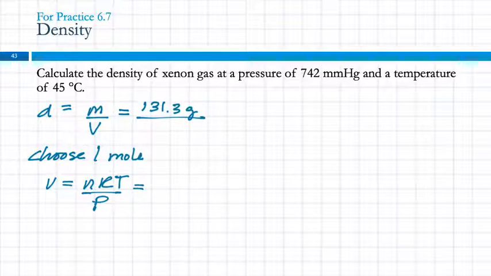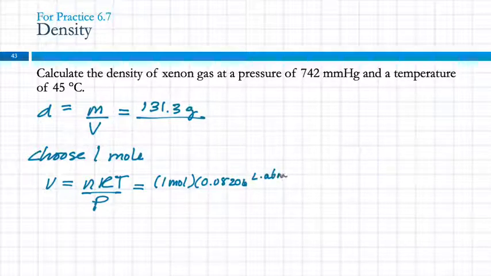I decided that it's 1 mole. I have to pick an amount to find the mass and the volume of. So I picked 1 mole because it makes lots of things easier. So the amount of gas is a mole. R is always the same, 0.08206 liters times atmospheres divided by moles times Kelvin.